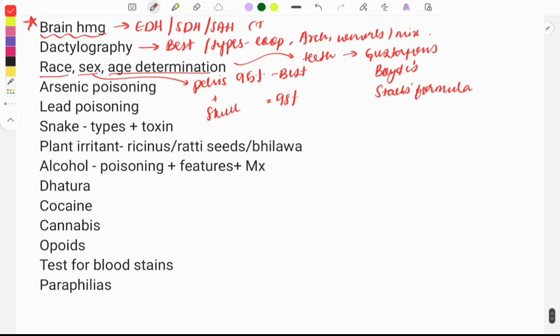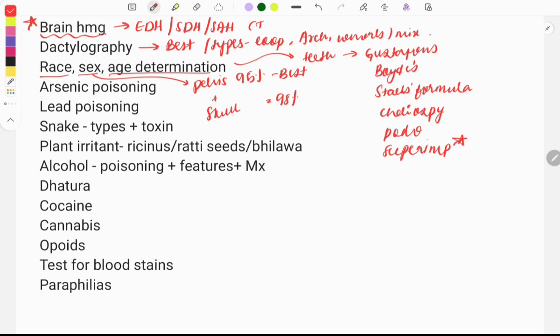There are also various other methods for human identification, like cheiloscopy, which makes the lip prints, then podogram, the footprints, and the superimposition. Superimposition, the skull image is imposed on the missing person's image, and both are looked at to see if they are matching.